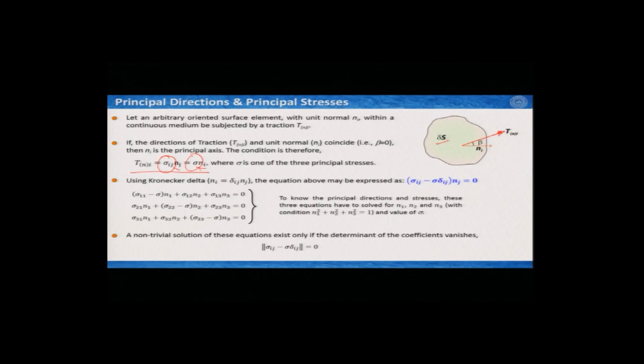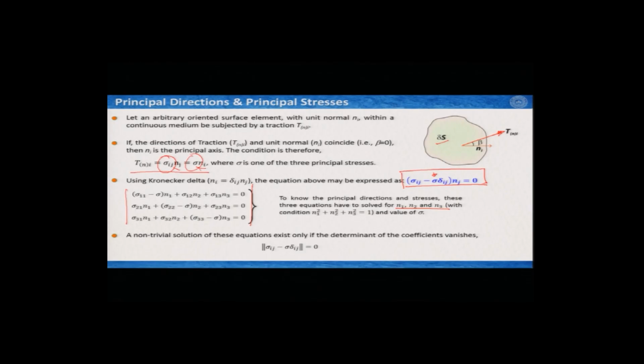Now, to do that you can actually derive an equation. I am not going into the details of how to get to this equation, where this particular term sigma is involved, and if you expand this equation in 3 directions, you get things like this, and based on this you have to calculate the 3 directions which are your principal directions.